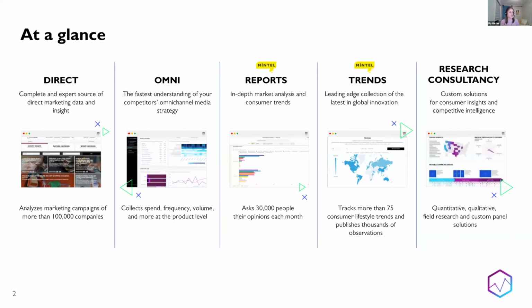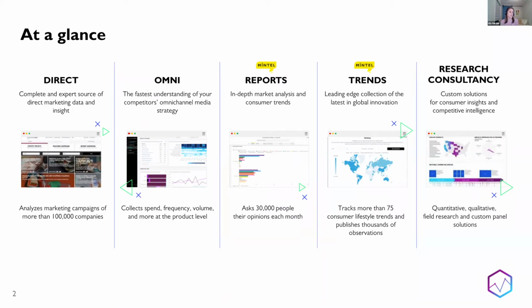For anyone that's not familiar, I'm going to give a quick overview of my organization. Mintel is the parent company. We're headquartered in the UK, but we have locations all across the globe, spanning dozens of countries, and we are a global market research firm. We have a variety of products and services, ranging from consumer reports, where we're doing primary research and understanding consumer behaviors and preferences, and how they're feeling and why they're making the purchasing decisions that they are.